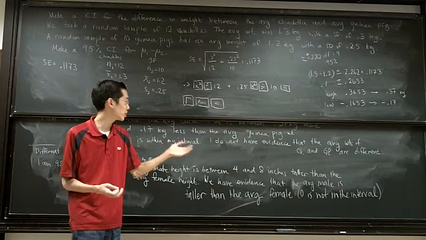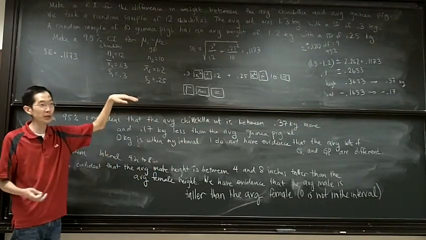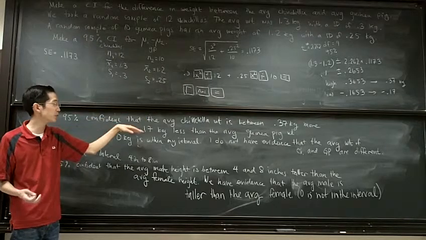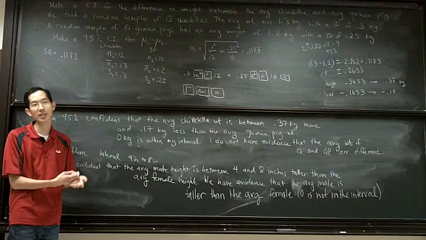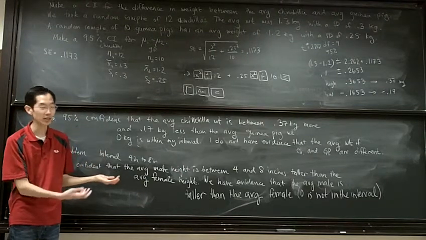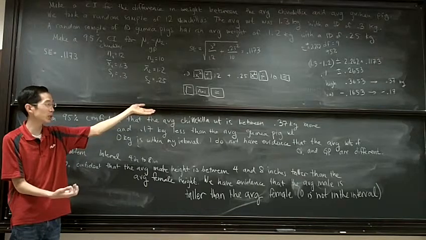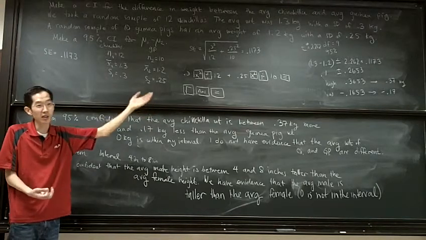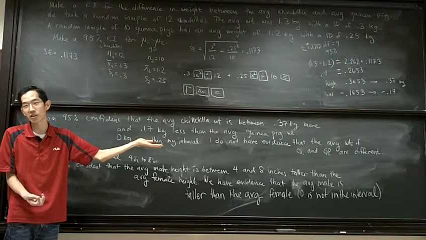All that changes would be, here I'm saying chinchillas are between 0.37 kilograms more and 0.17 kilograms less. It would change my sentence technically, and it doesn't even matter if we say it this way or not. It would change it to the average guinea pig is between 0.37 kilograms less and 0.17 kilograms more than the average chinchilla.